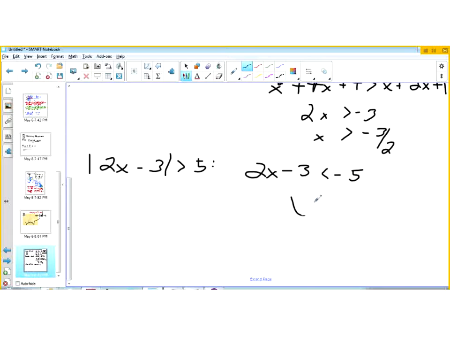We first say that 2x minus 3 is less than -5. We solve this, and then we union this result with 2x minus 3 is greater than 5. And so you solve the two inequalities and union them together.